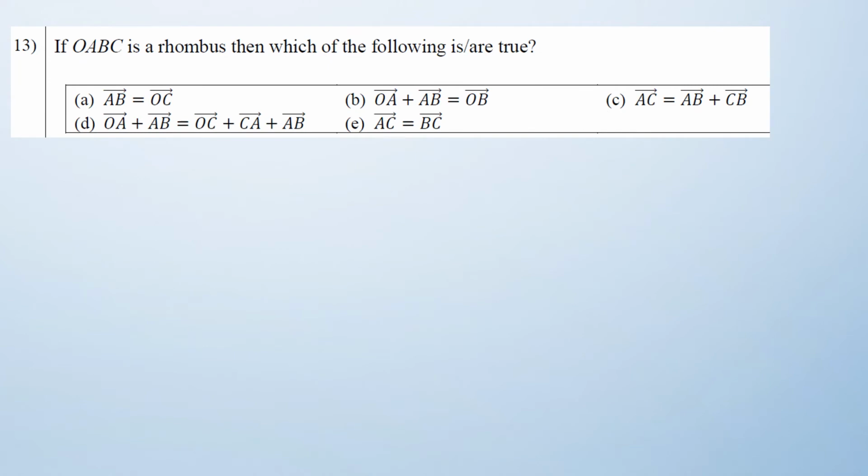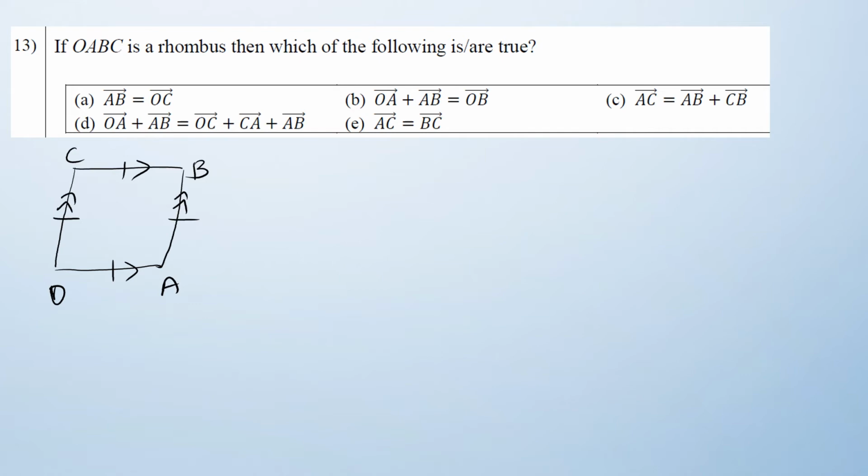Question number 30. Here we have to focus on a rhombus OABC, 4 vertices. If it is a rhombus, definitely all the 4 sides should be equal in length and opposite sides will be parallel.